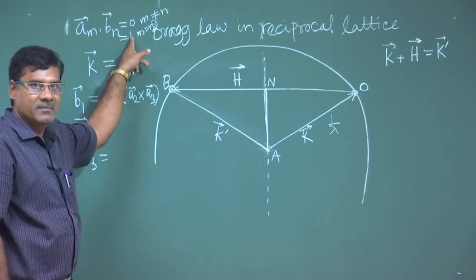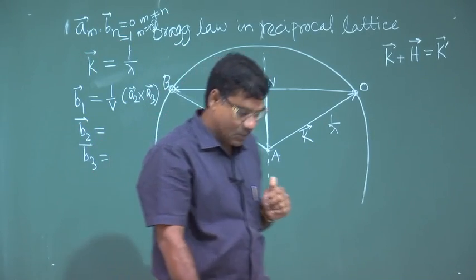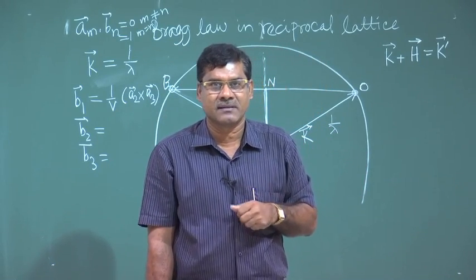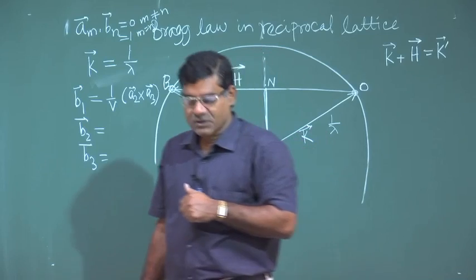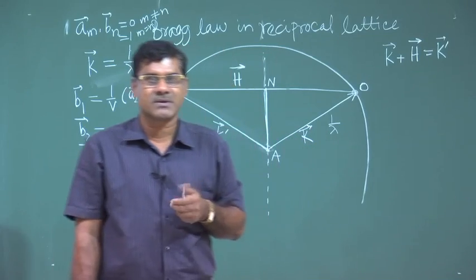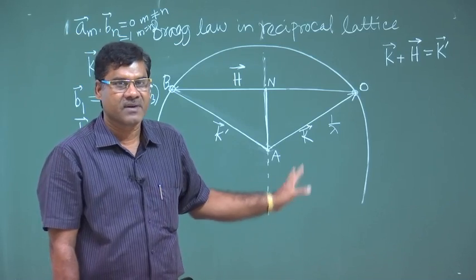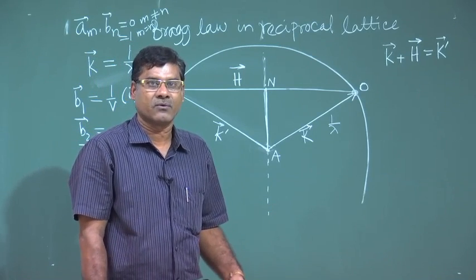Here we have written 1, but one can write 2 pi also. Generally crystallographers use just 1, but in solid state physics we use 2 pi instead of 1, but everything is valid whether you take 1 or 2 pi.